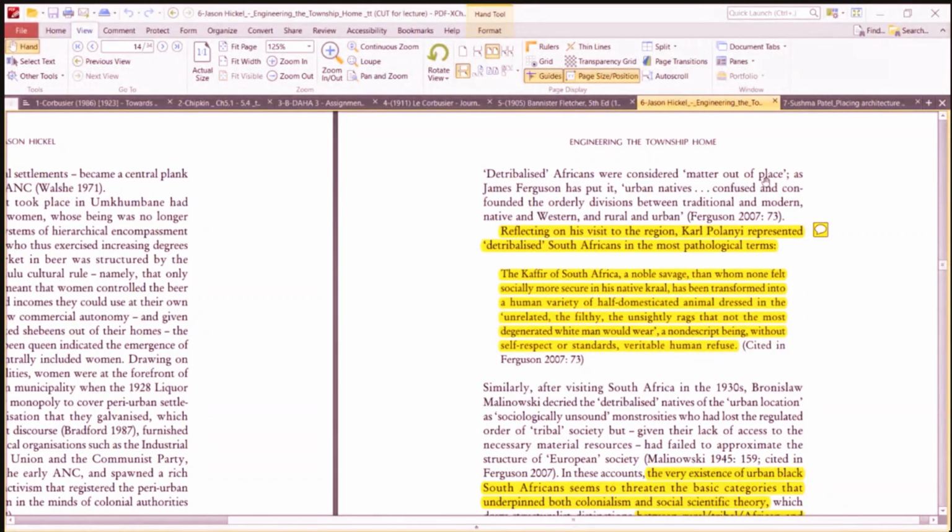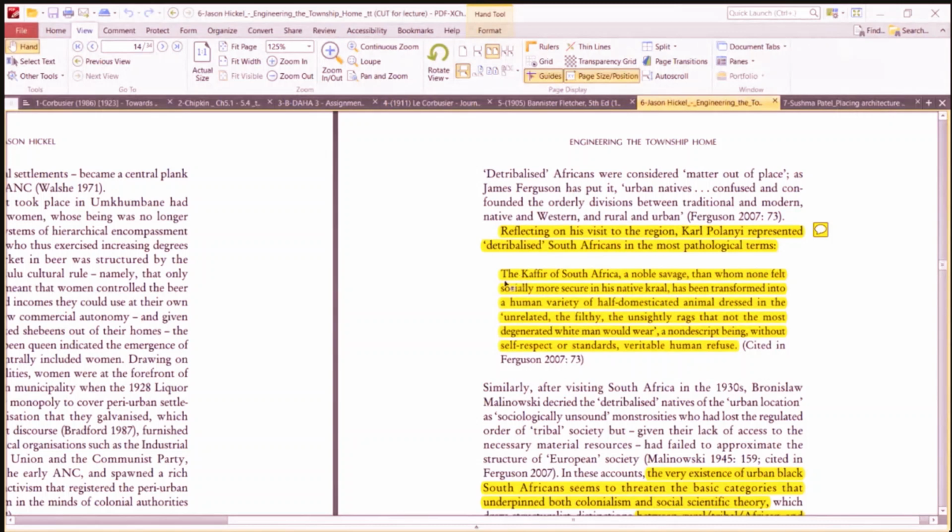Carl Polanyi, an author writing in 1944, reflecting on his visit to South Africa, writes about detribalized South Africans, and he writes about them in pathological terms. Pathology meaning there's some serious social, psychological problem afflicting people, right?